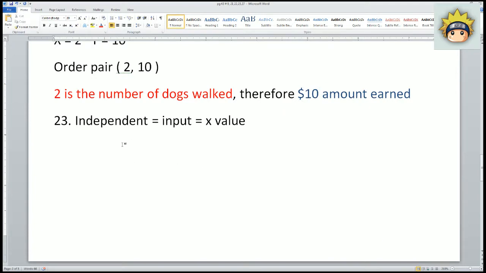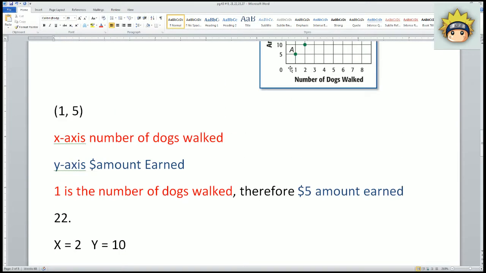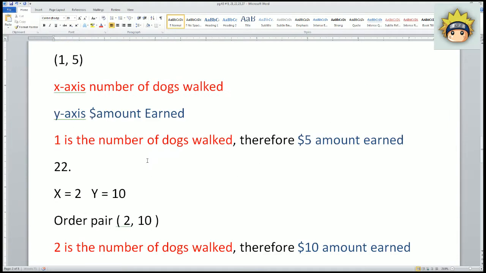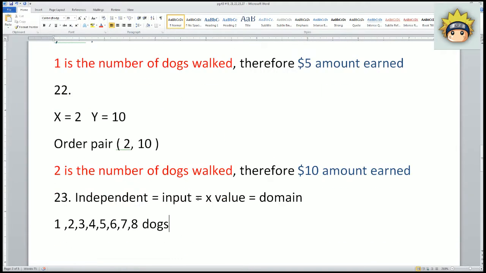So the independent values are these, which is also called the domain, which is 1 to 8. Dogs. There you go. So that's your independent input, x value, and also domain.